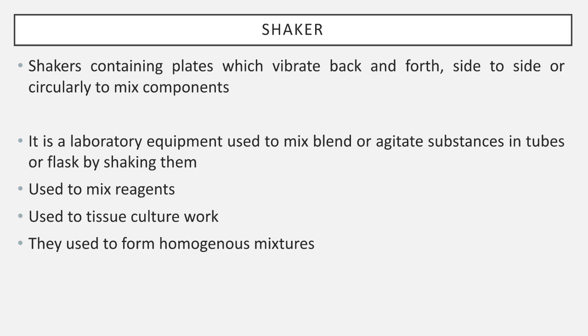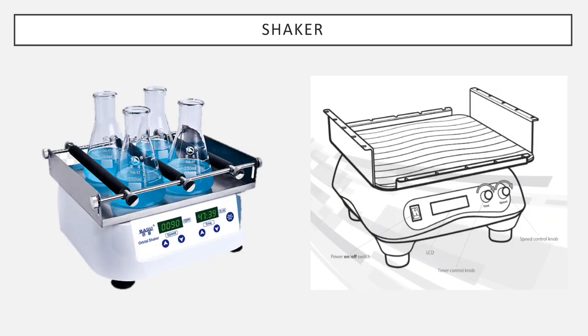It is used to blend or agitate the substances in tubes or flasks by shaking them, to mix reagents, and also in tissue culture work. They are used to form homogeneous mixtures. This is the diagram you should draw. This is the normal picture of a shaker.